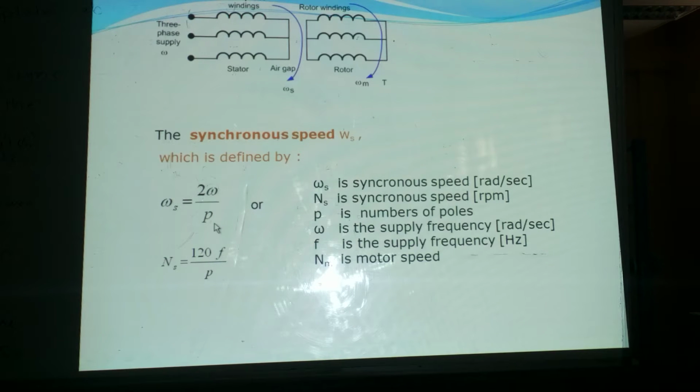Here p is the number of poles, f is the supply frequency in hertz, and omega is the supply frequency again in radian per second. So synchronous speed is given by 120 f by p rpm, or 2 omega by p radian per second.